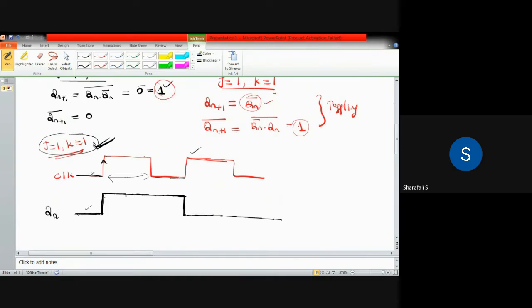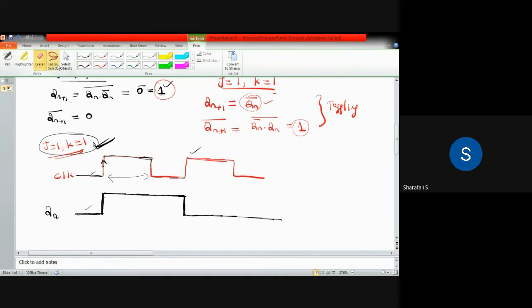In reality, it will not be like this. Since your clock pulse is very large, the toggling will happen within the clock pulse, instead of toggling happening once after each clock pulse.